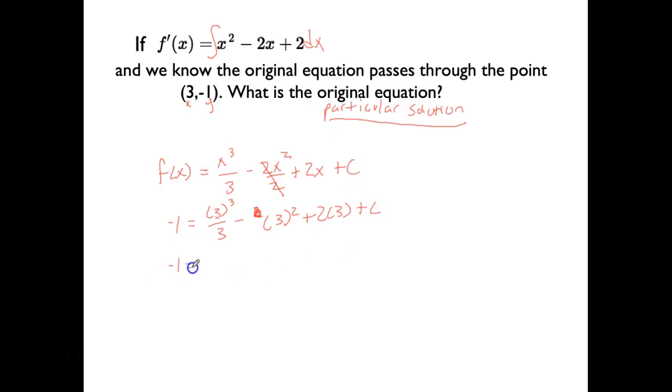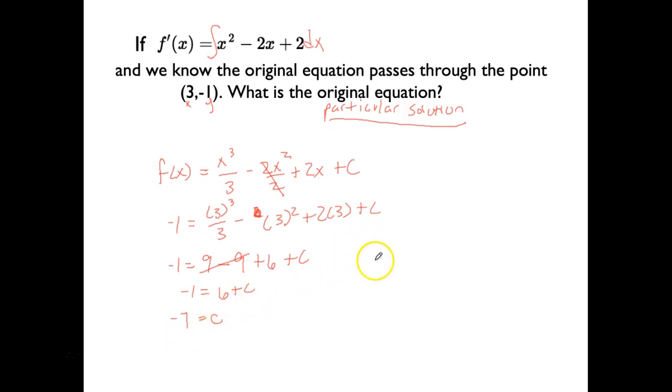So I got negative 1 equals, okay, this is going to be 27 over 3, so this is going to be 9 minus 9 plus 6 plus c. Well, the 9 minus 9 cancel each other out. We're left with negative 1 equals 6 plus c. And c is equal to, subtract the 6 over, negative 7. Okay, so that is not my answer though.